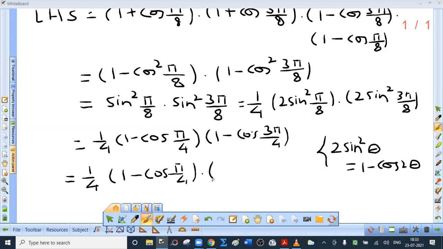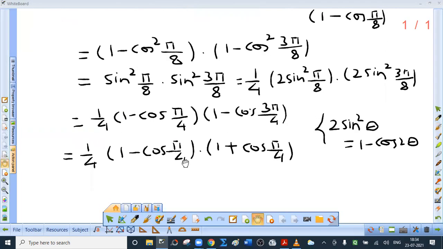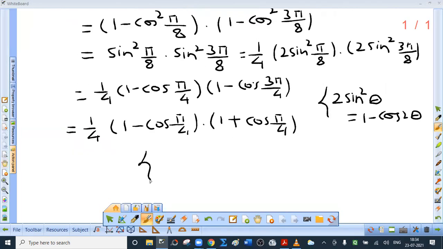Now this is interesting. Basically, I can write 1 plus cos pi by 4 directly. Let me explain. I have to write the reason for this, then only I can expect full marks. See, cos 3 pi upon 4 is basically cos of pi minus pi by 4. Just check this.